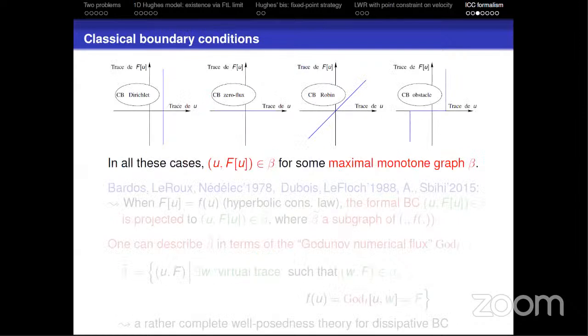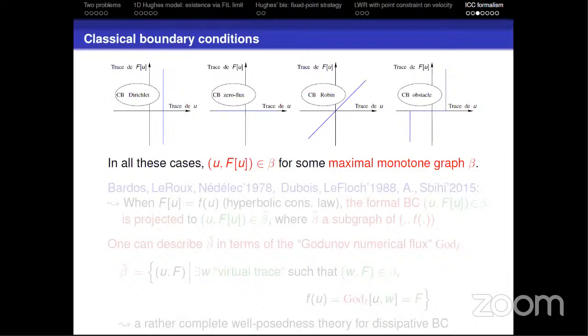Now let me show you the classical relations, which are Neumann boundary condition, Dirichlet boundary condition, zero flux boundary condition, Robin boundary condition, and if you like, obstacle boundary conditions like this. If you look at it from far, you see that all these conditions say that the couple of trace of u and trace of the flux lies in a graph.